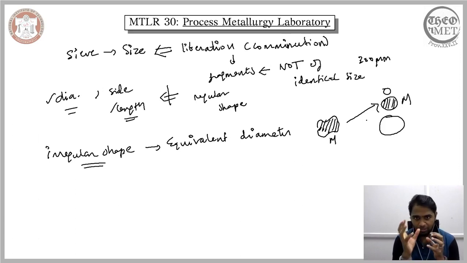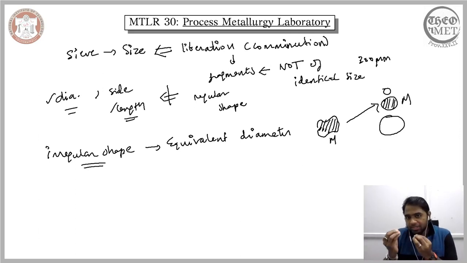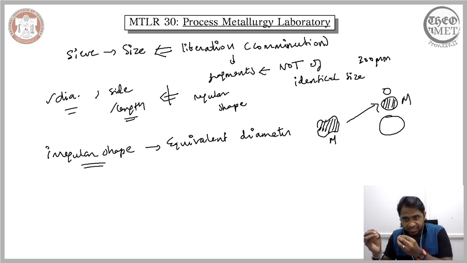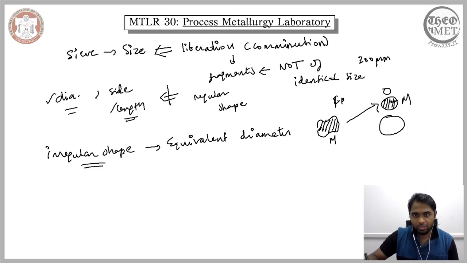In order to arrive at this equivalent diameter, you would consider the mobility of this particle and relate it to the mobility of several spherical particles, and you will identify that the mobility of one spherical particle with a specific size is similar to that of the irregular particle, and you equate and relate it and identify this diameter and refer to that as the equivalent diameter of this particle.